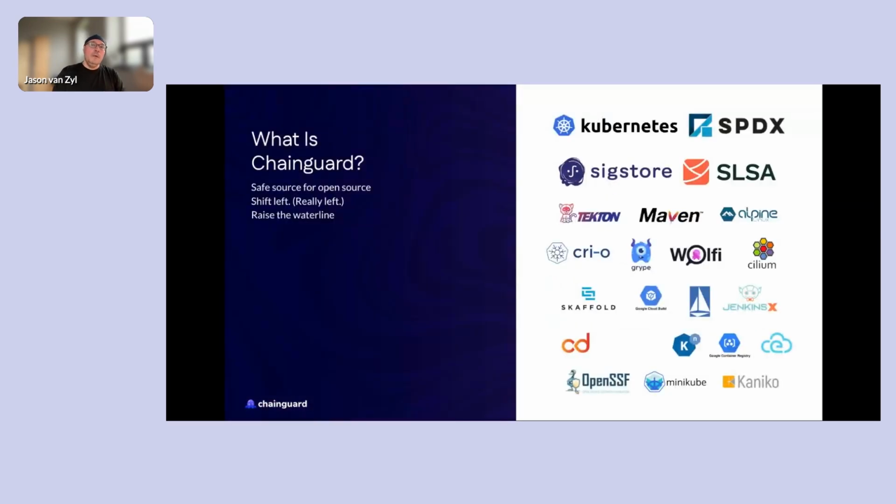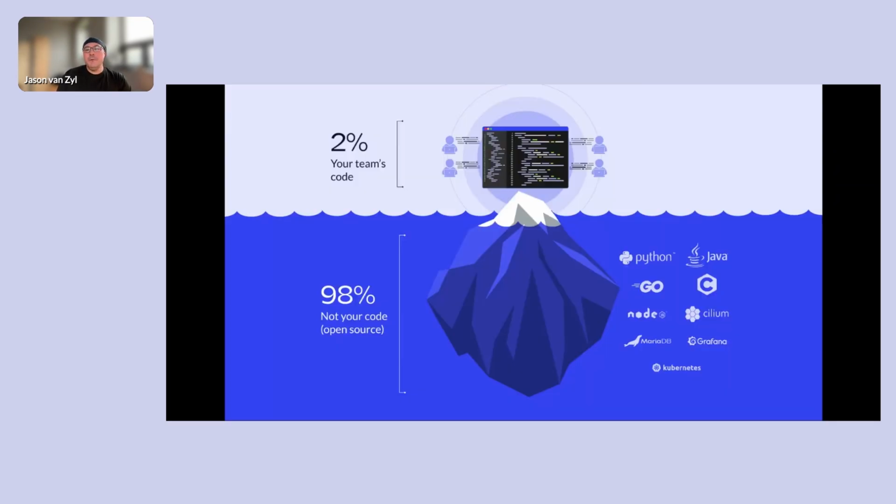All right, so Chainguard as a company is trying to improve security by building most of the popular open source packages that you're familiar with from source on a regular basis, and generally on a daily basis. Most people who have been using open source for a number of years are familiar that the source code that you're writing in comparison to the source code that you're using from the outside world is extremely small.